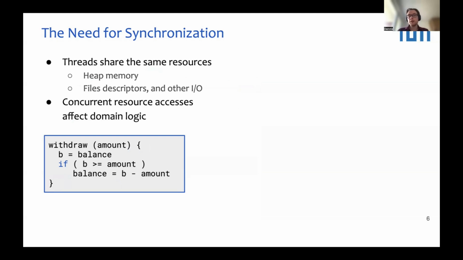Crucially, these threads, like we said, share the same resources, which includes the virtual address space, which is the heap memory, but it also shares things such as file descriptors and descriptors for other I/O resources. The crucial thing we need to consider here is that the concurrent access to these resources may affect the domain logic. We see an example here where we withdraw money from a bank account. To withdraw money, we check whether the current balance is sufficient, and only if it is sufficient do we withdraw the amount.